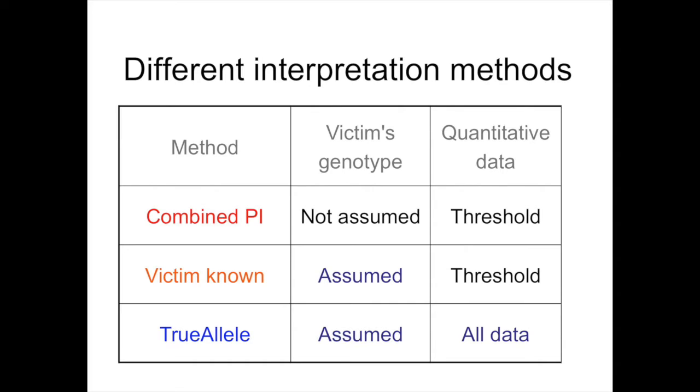The second method from Boston University assumed the victim was known, but again, didn't use the quantitative data, it used thresholds, whereas TrueAllele, the computer program, did use both sources of information, the victim's genotype and the quantitative data.